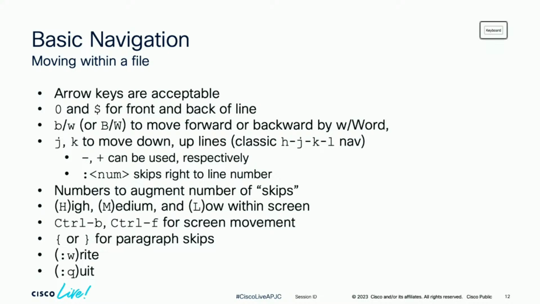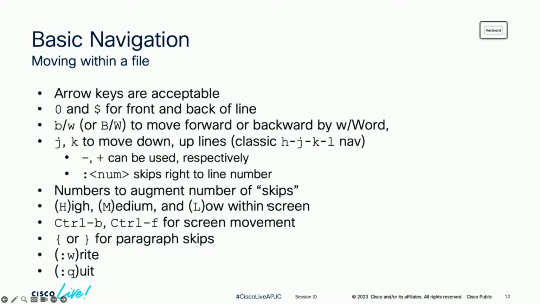A capital W will move on white space boundaries. So like IP addresses, the lowercase w will move forward by each octet, while the capital W will move to the end of that IP address until it hits white space.